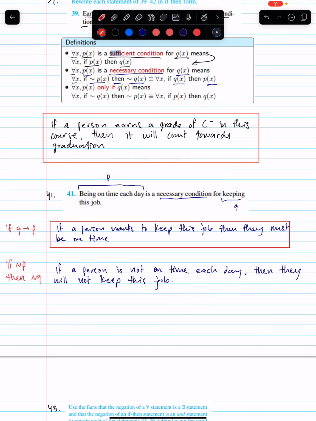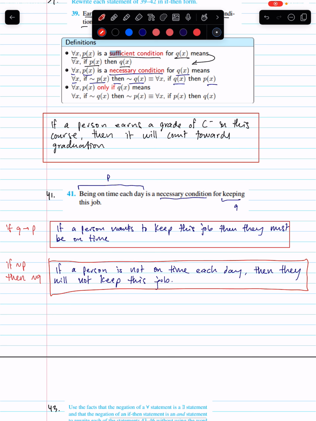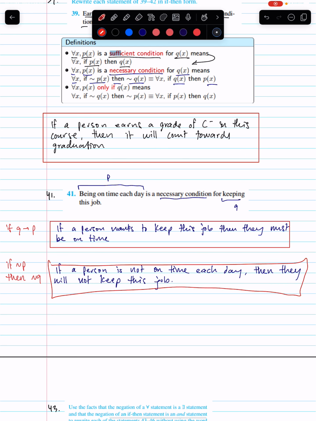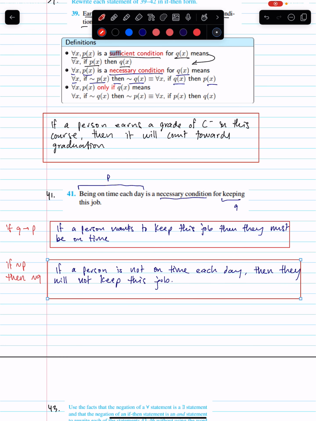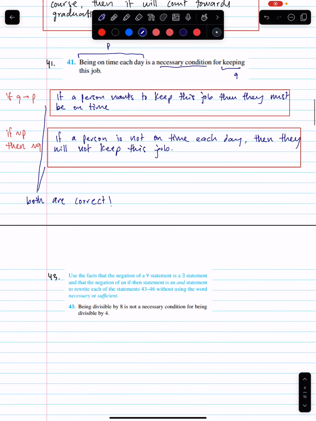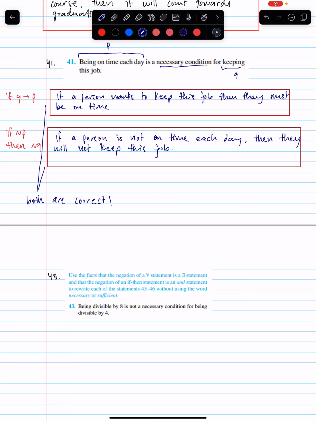Right, so that's the negation. These are both equivalent statements. You could say either or. They're both correct. Alright, on to the next. Okay.